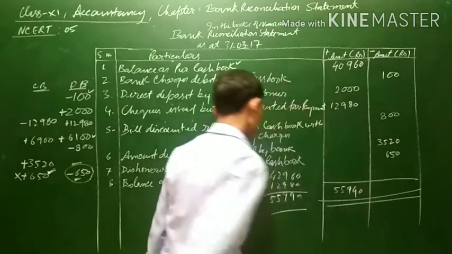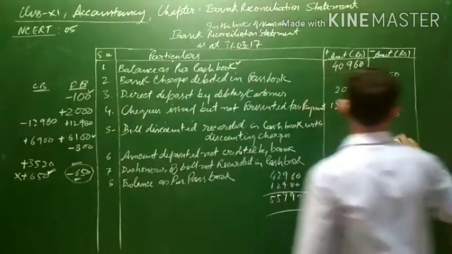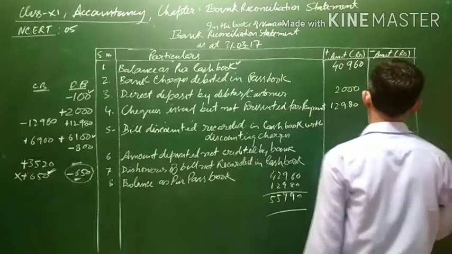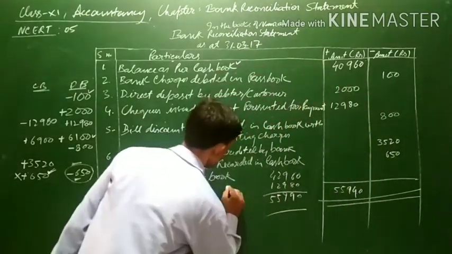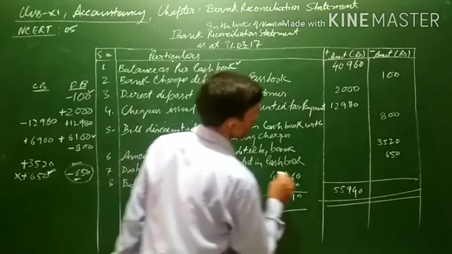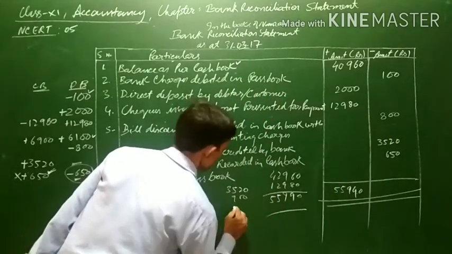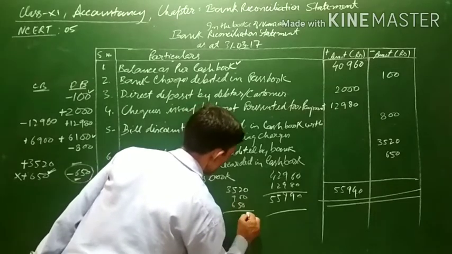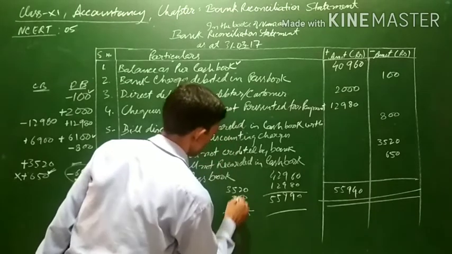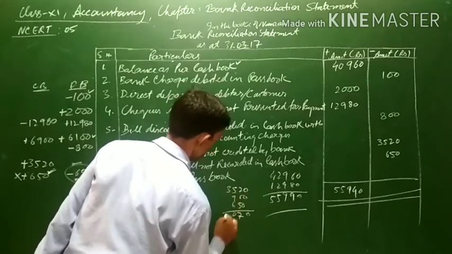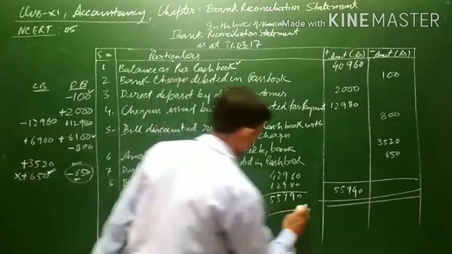And now the minus side. 3,520 plus 900 plus 650 comes to 5,070.